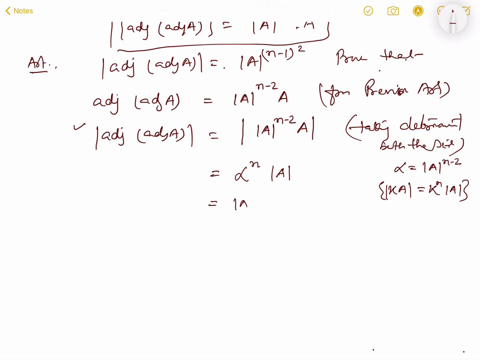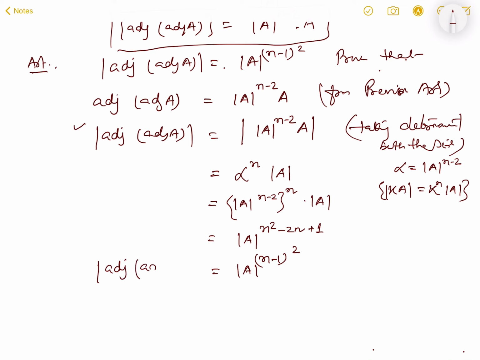Alpha is determinant A to the power n minus 2, to the power n, into determinant A. So this can be written as determinant A to the power n square minus 2n, and the power 1 is here, so this is plus 1. So this can be written as determinant A to the power n minus 1 whole square. This is the value of determinant adjoint adjoint A.